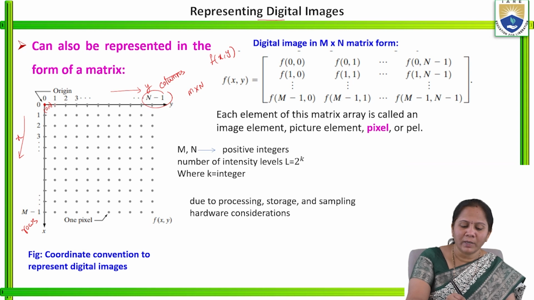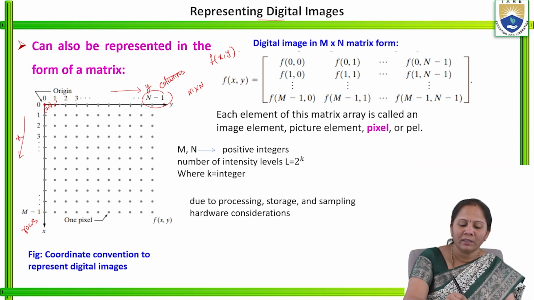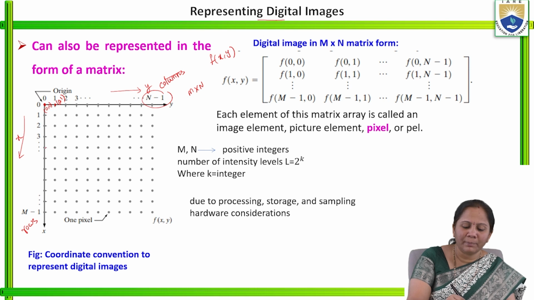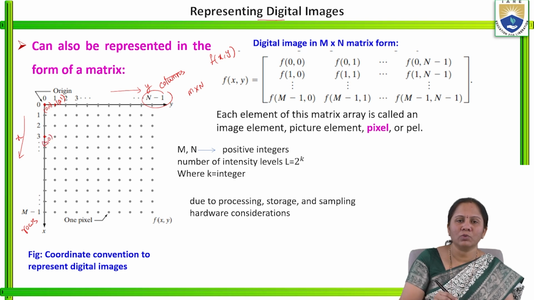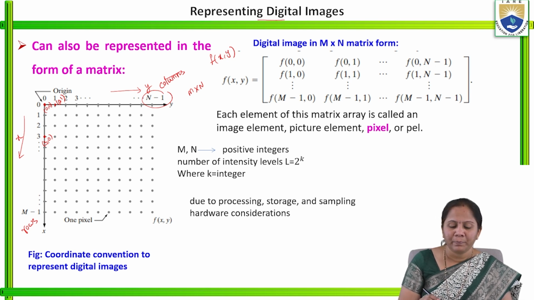Here, if you consider, this is one pixel having the coordinates 0, 0, that is x and y. And this is another pixel having the values 0, 1. For example, this pixel has the coordinates 3, 0, where 3 represents the value of x and 0 represents the value of y.